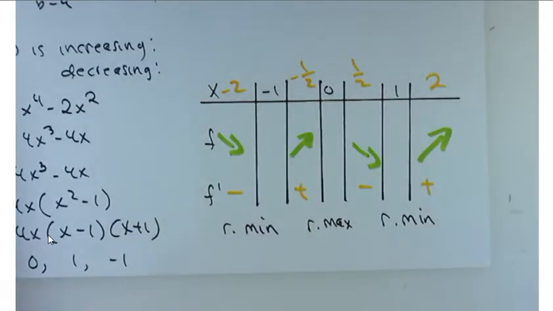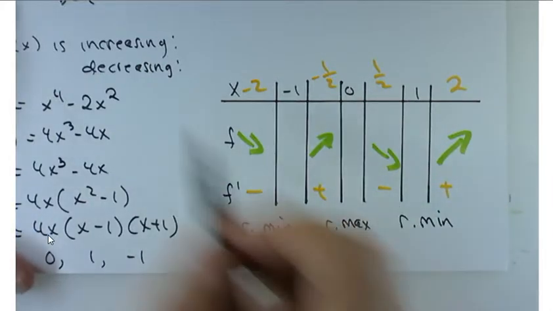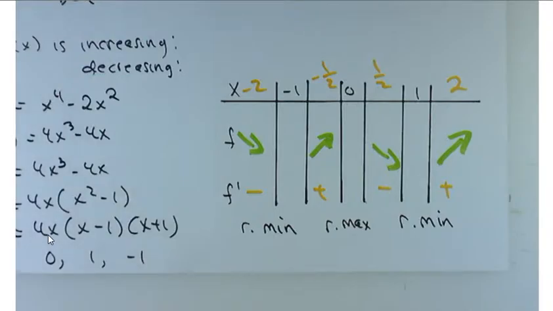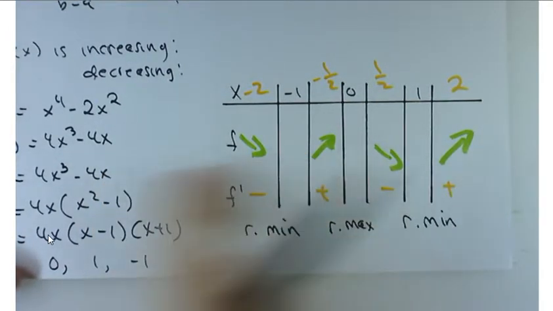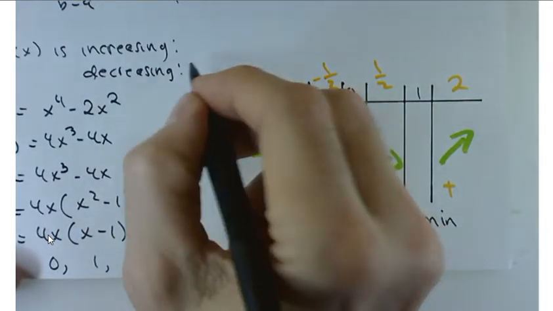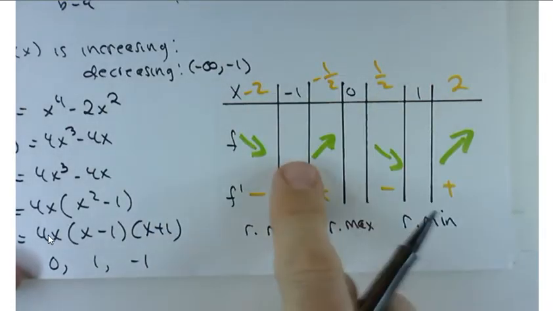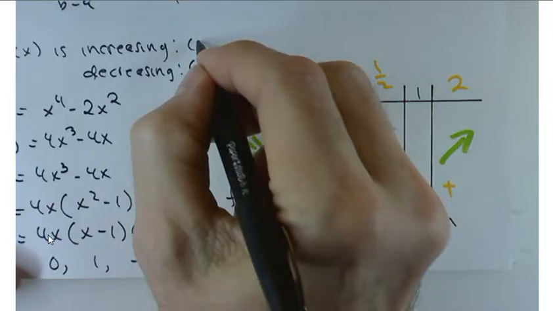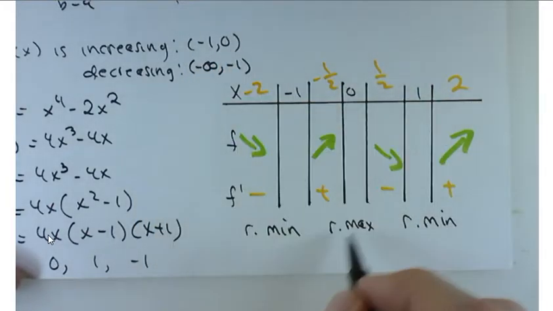What the problem was getting at, though, was asking you, where is it increasing? When you talk about increasing and decreasing, it's always intervals along the x-axis. So along the x-axis, well, it's decreasing from -infinity to -1. So -infinity to -1. Then it starts increasing from -1 to 0. And then it's decreasing again.